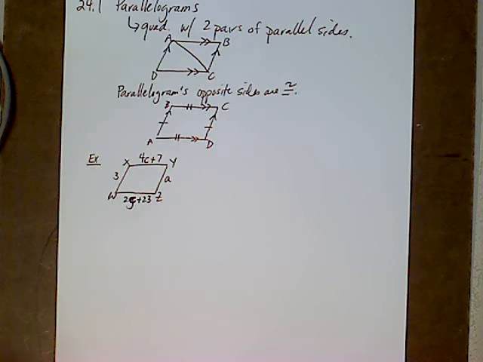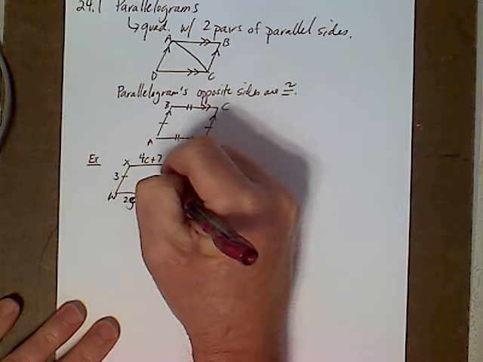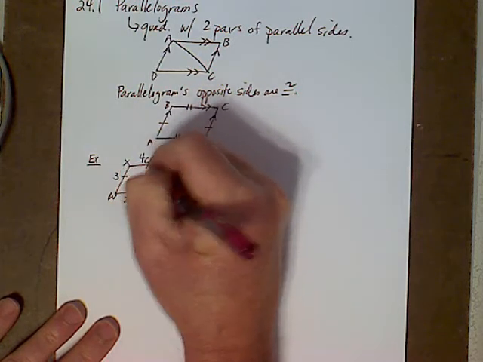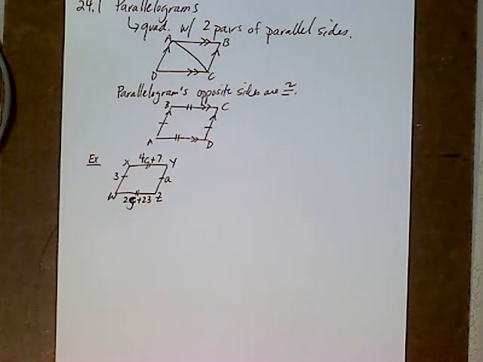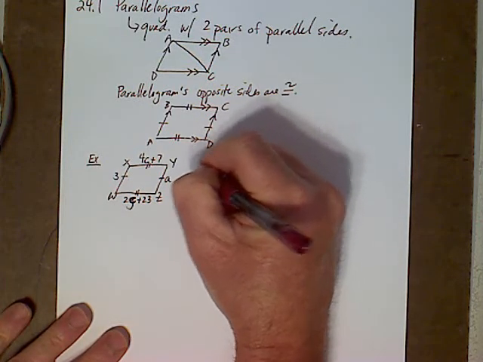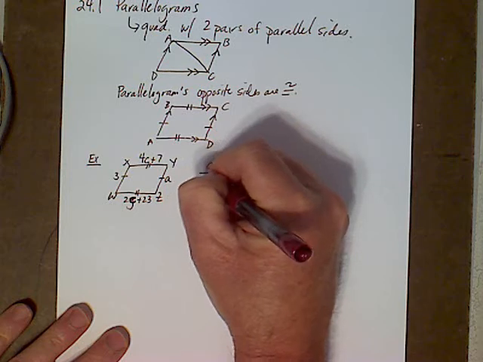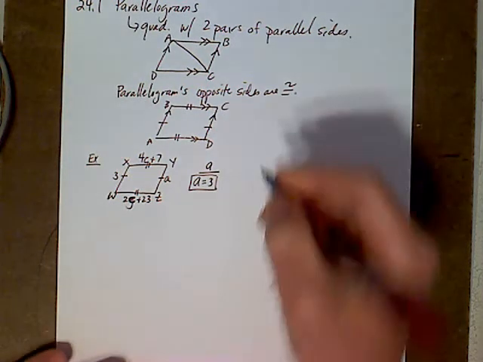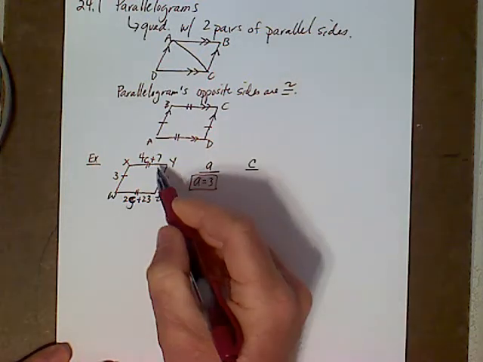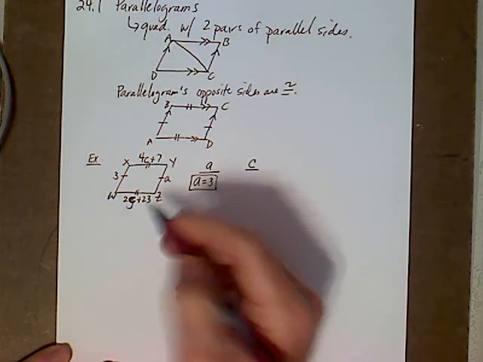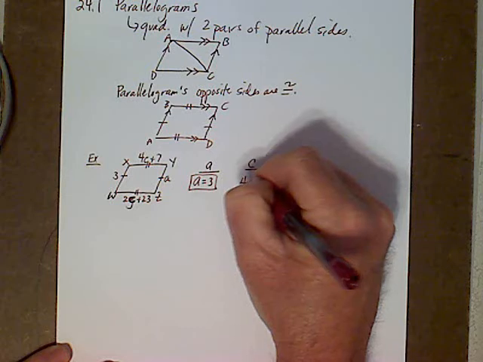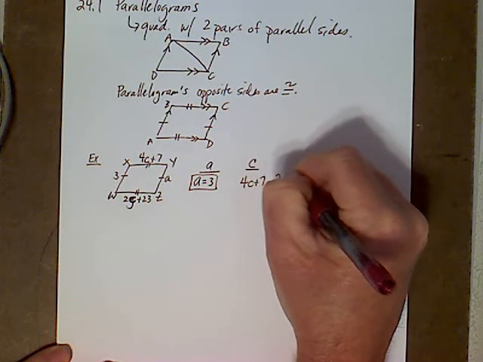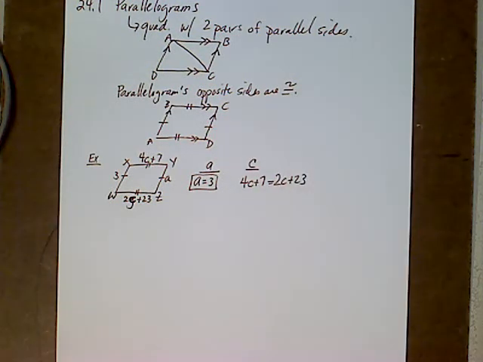The opposite sides are going to be congruent. So this is congruent to this, and this is congruent to this because I've told you you have a parallelogram. I can easily solve for a by just saying a equals 3. There's not even any work there. If I want to find c, these two opposite sides are congruent, so 4c plus 7 equals 2c plus 23.